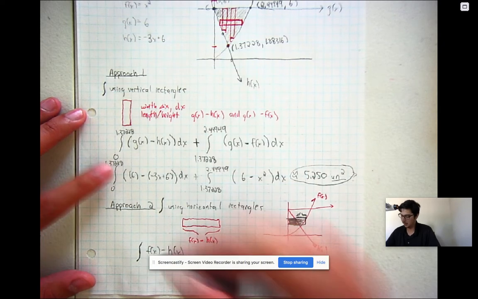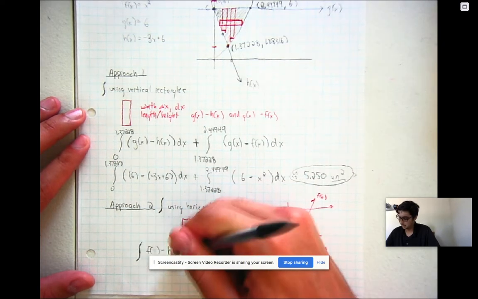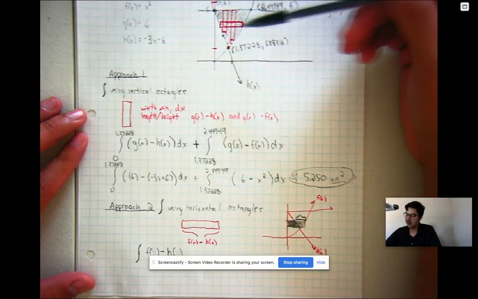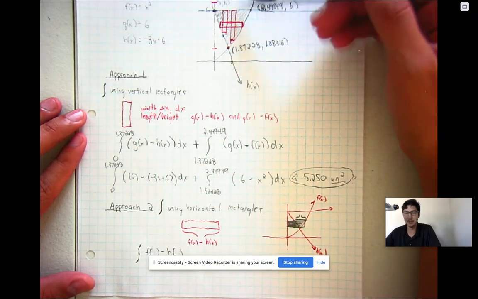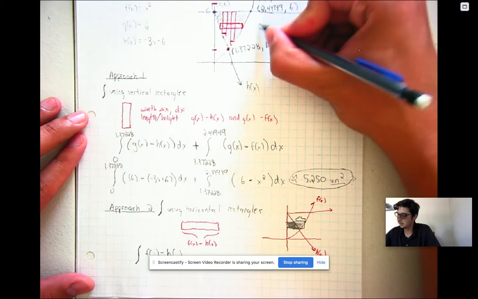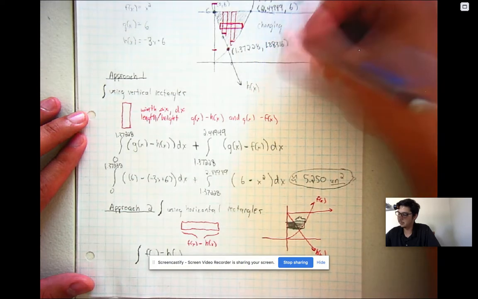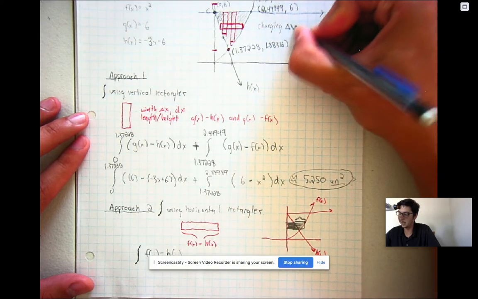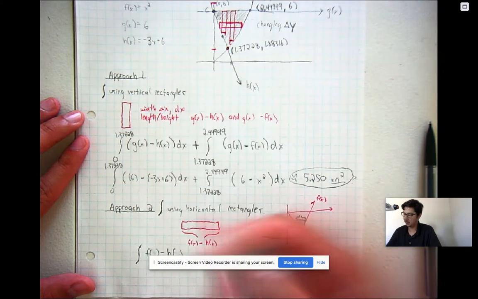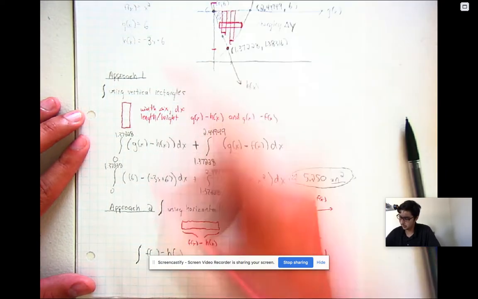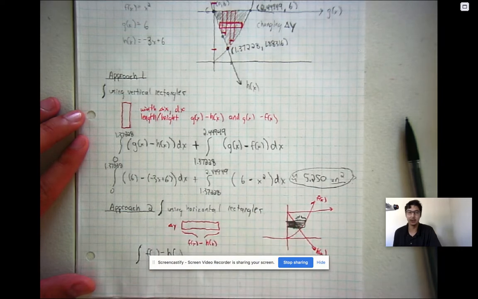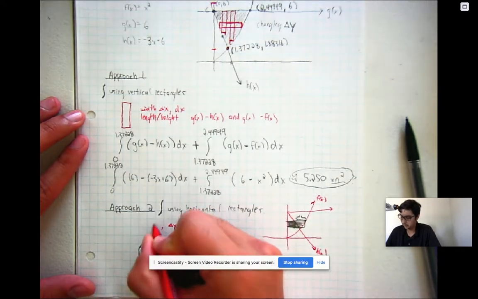Oh, I'm sorry. And it's not really of x. Notice how these are changing vertically. It's changing now with respect to y. The width of these rectangles as they get infinitely smaller are going to be a change of y, dy.